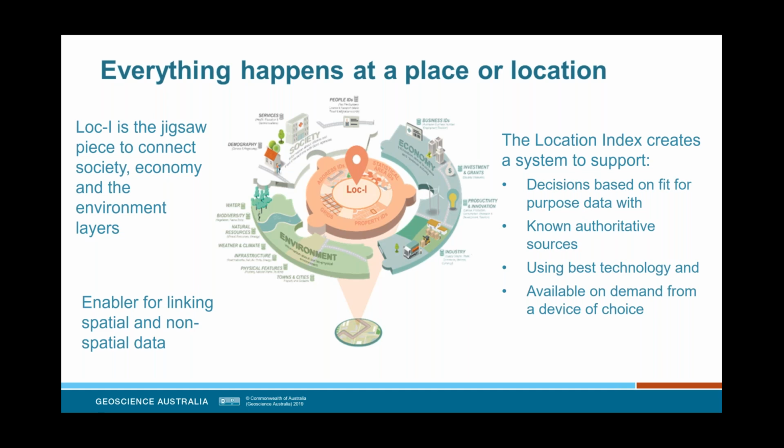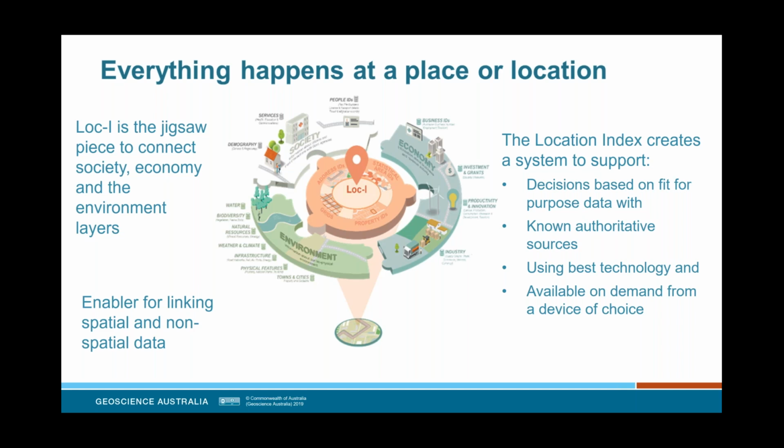Our society and economy sections of government transfer information through identifiers, but a part which is missing is the location part and how that integrates with one another. And that's essentially what Loc-I is trying to do, to bring those three elements together. If you like, it's that missing jigsaw piece that's allowing for that integration.